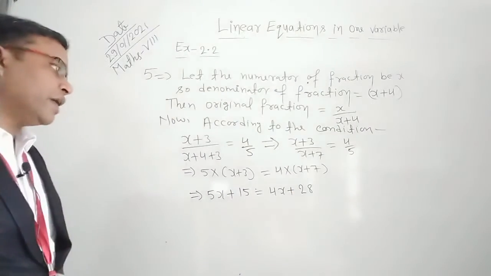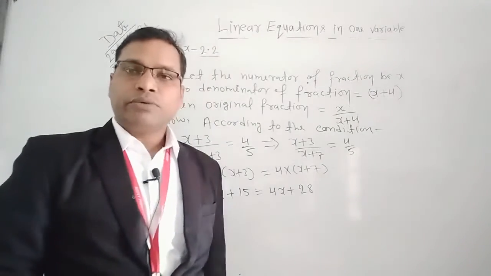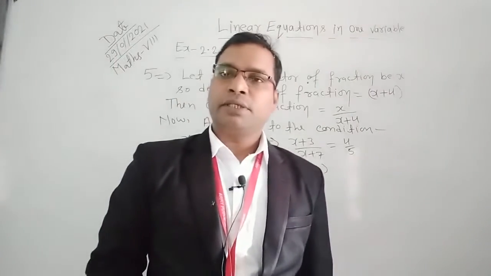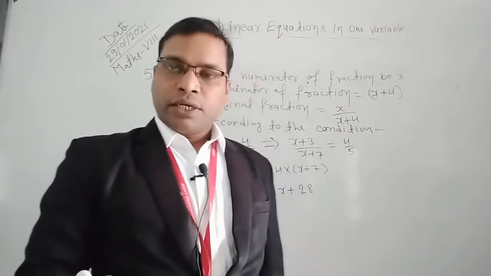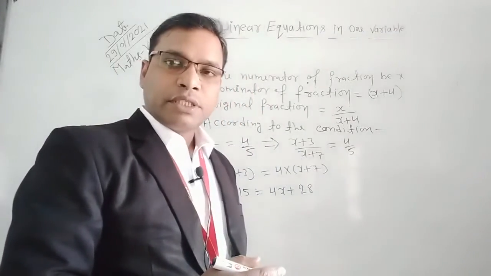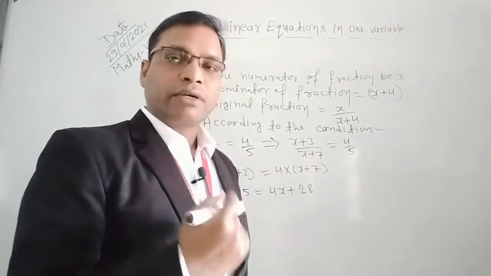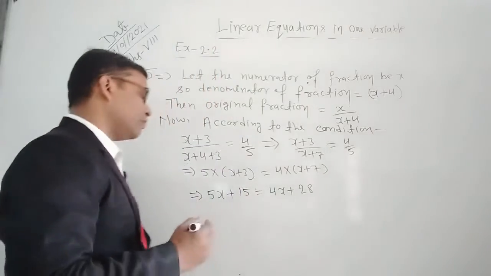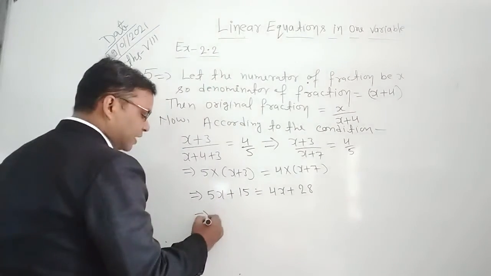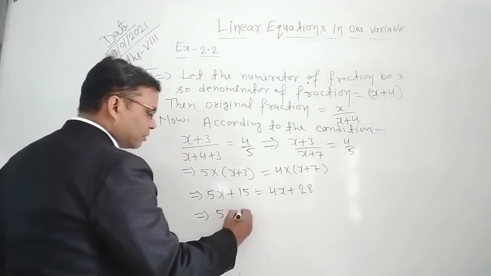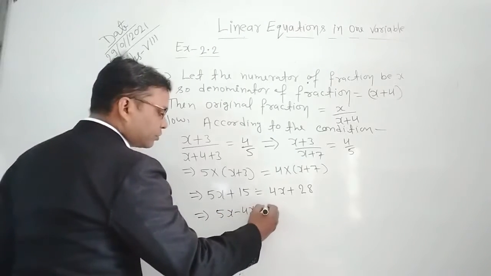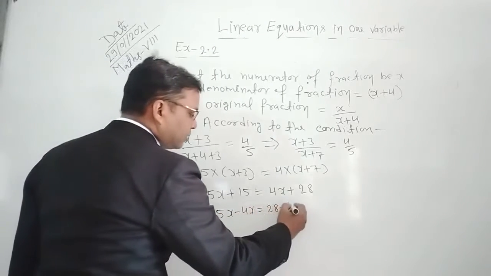Now you find the value of x by using the variable separable method. In this method, we transpose the variable to one side and the constant to the other side. So for this, we can write 5x minus 4x is equal to 28 minus 15.